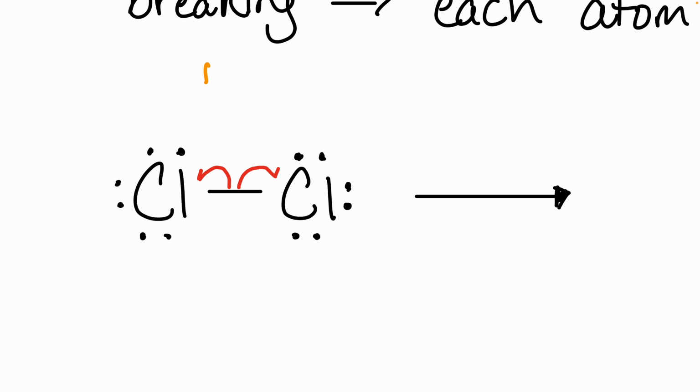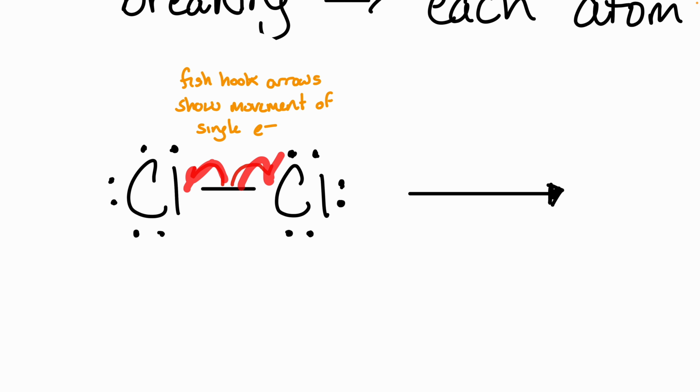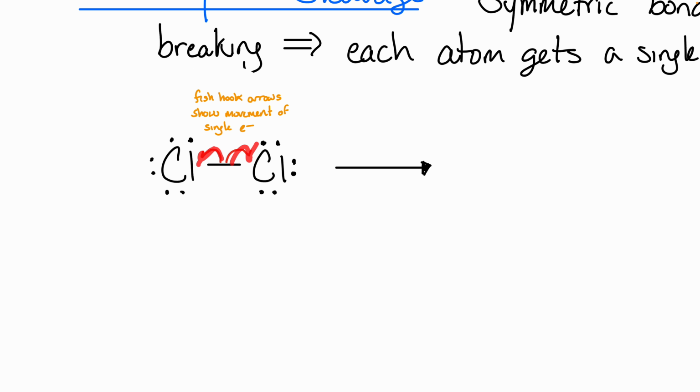Again, we're using these fishhook arrows to show the movement of single electrons. So not pairs of electrons, but individual electrons. So 1 electron jumps onto 1 chlorine atom, the other electron jumps onto the other chlorine atom.